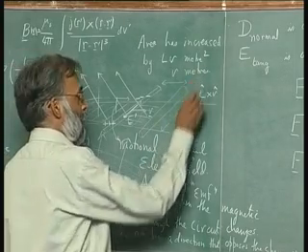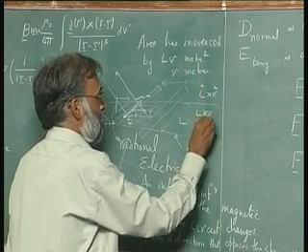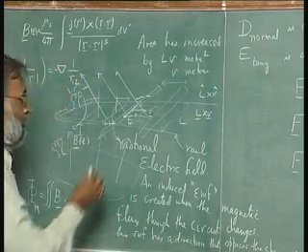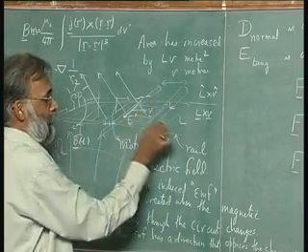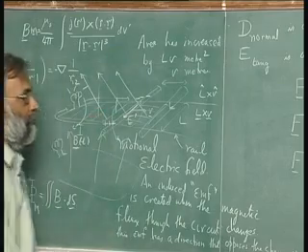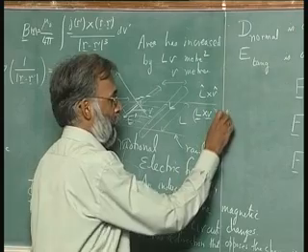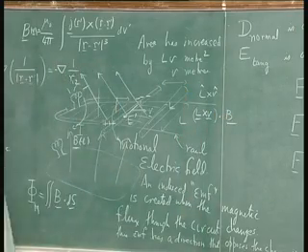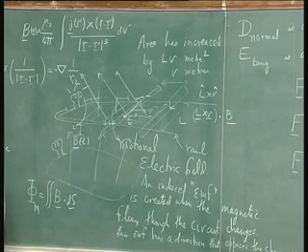Well, it will be L cross V, that is the area, with, if this is L and this is V, it is downwards, dot B. That is the amount of flux that is piercing this new area.